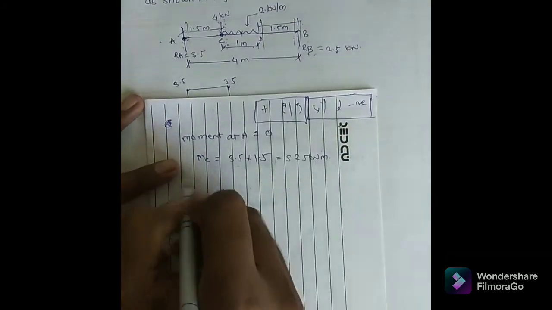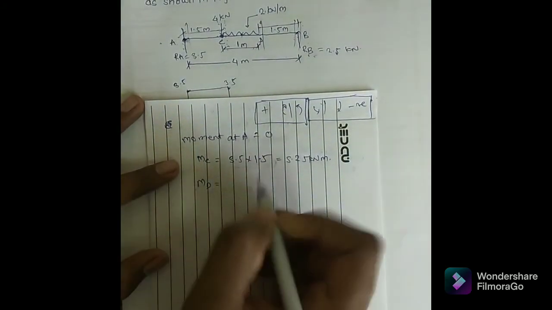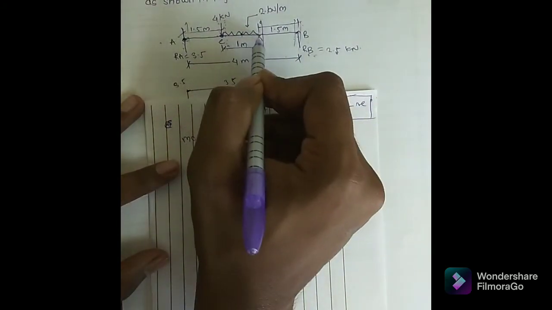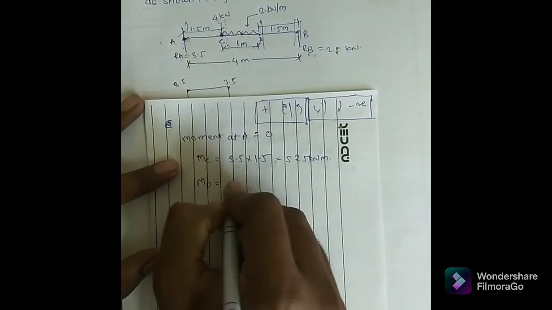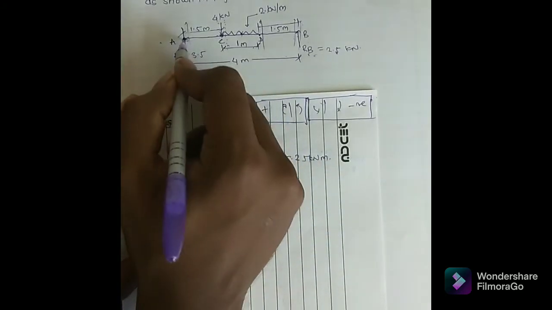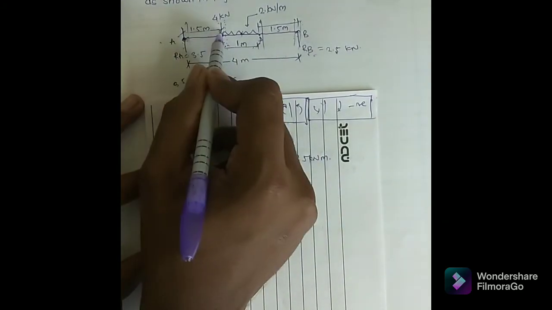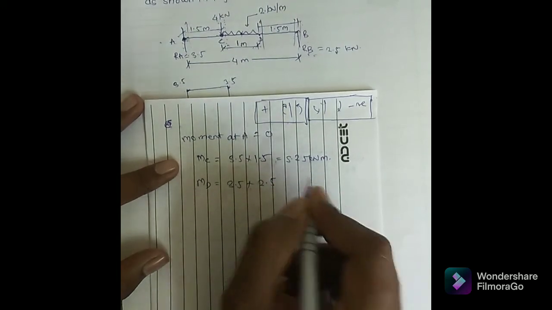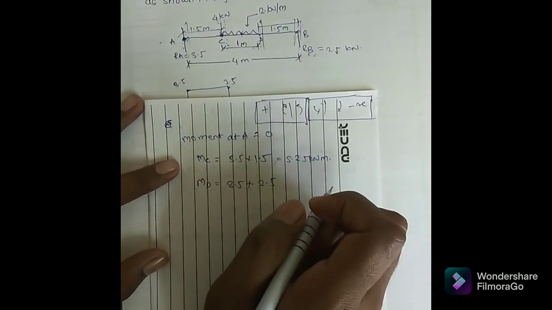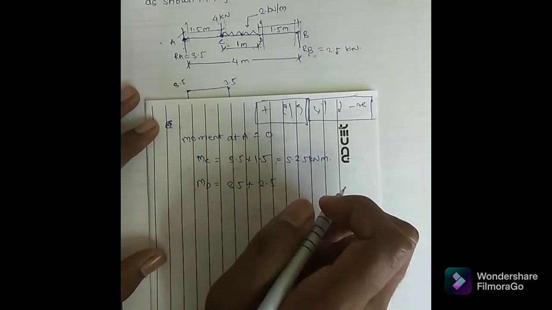Now we will take the moment at D. So the moment at D, if you consider the left hand side, this is the load 3.5. Distance up to D is this 1.5 and this 1. So this comes out to be 2.5. Okay.